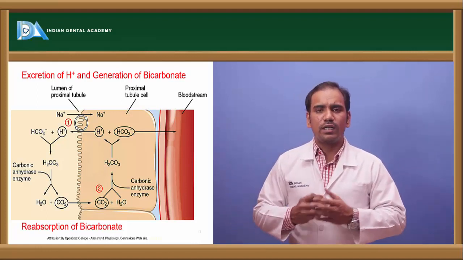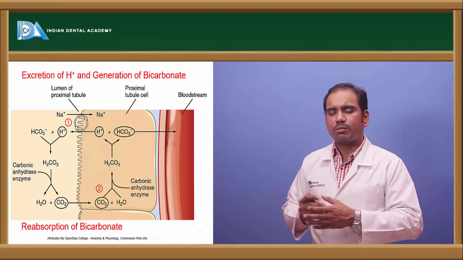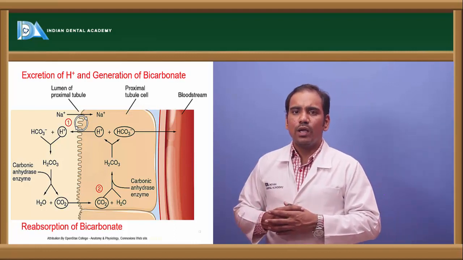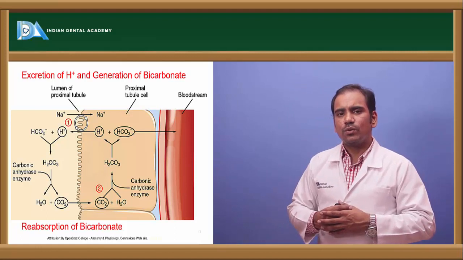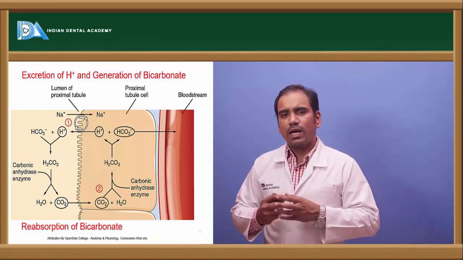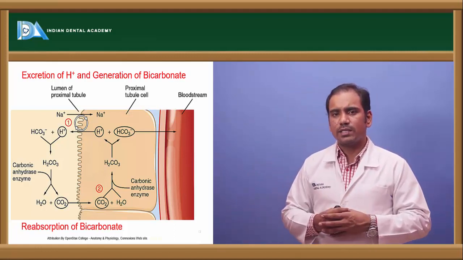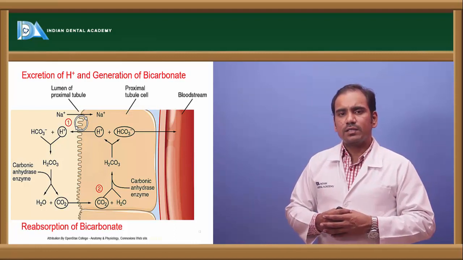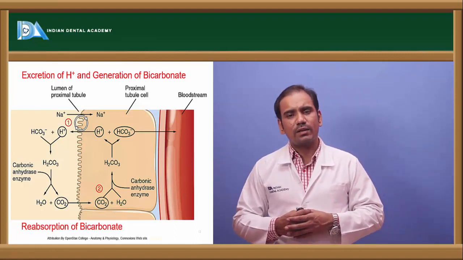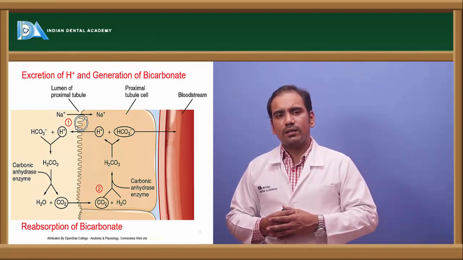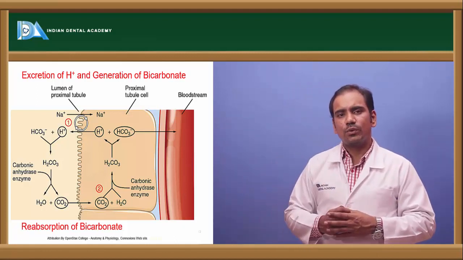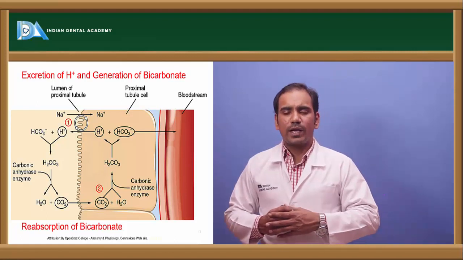How does that occur? That bicarbonate reacts with H plus ions and is converted into H2CO3. That H2CO3 dissociates into carbon dioxide and water, and those enter again into the PCT cell. And in the PCT cell, by the action of the enzyme carbonic anhydrase, it is again converted into carbonic acid, and that carbonic acid again dissociates into H plus ions and bicarbonate.